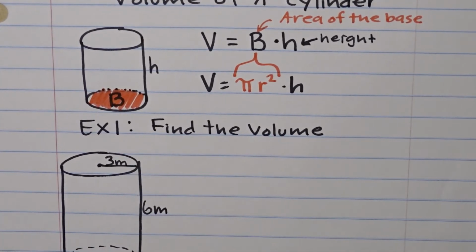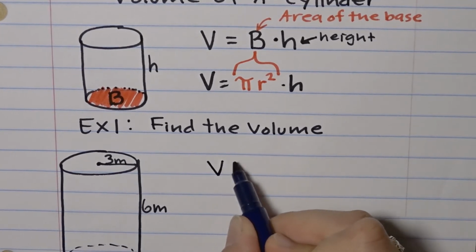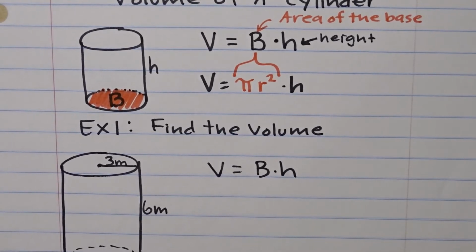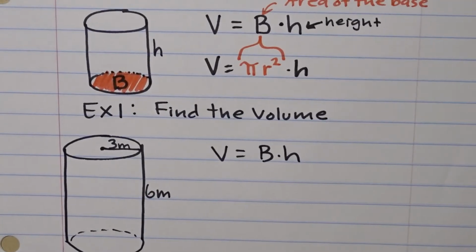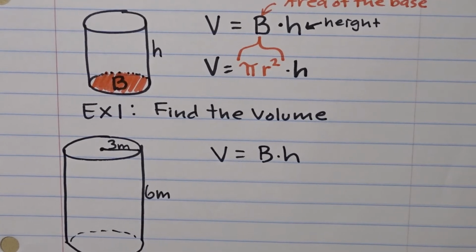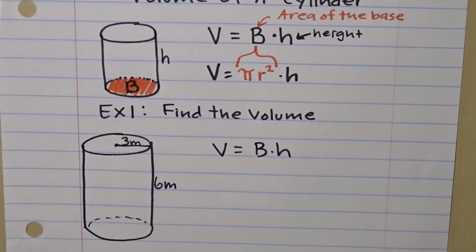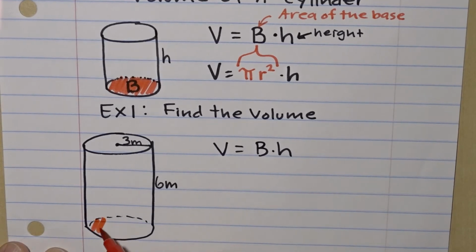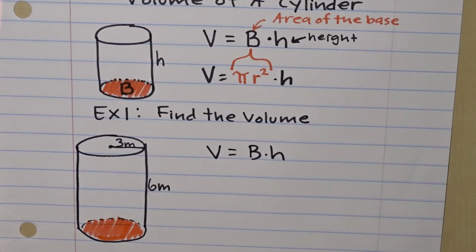Now, to find the volume, we're going to use a formula. Volume equals base times height. The shape of the base is a circle, so we're going to find this area here. That's my capital B, and to find it, I need to know the radius.